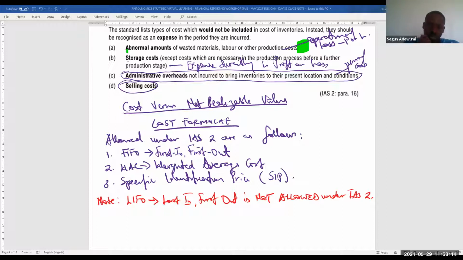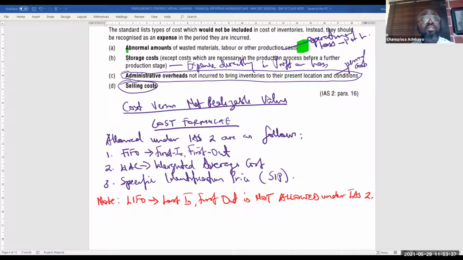For instance, you choose the price in the middle or the one at one extreme or the other, depending on which one suits you, then you use that to value the entire stock. So I guess that is what specific identification price means. Okay.